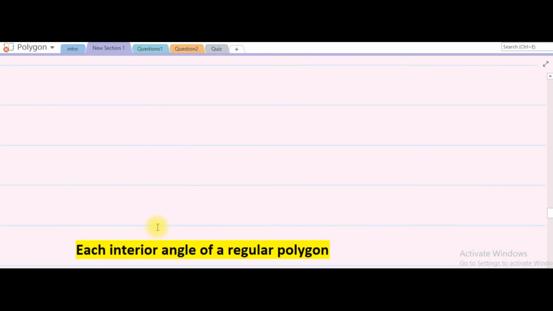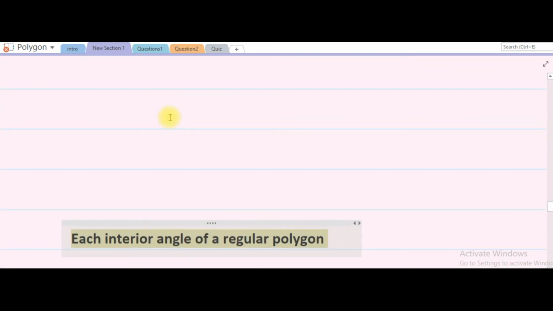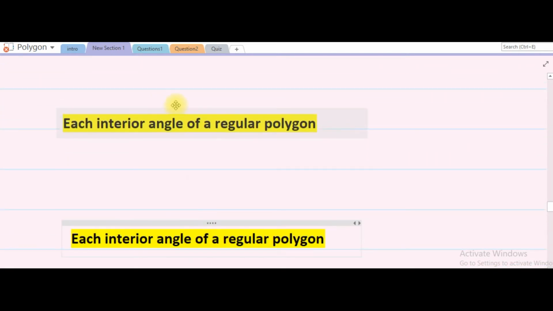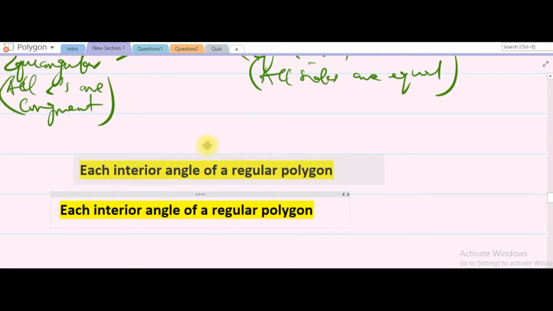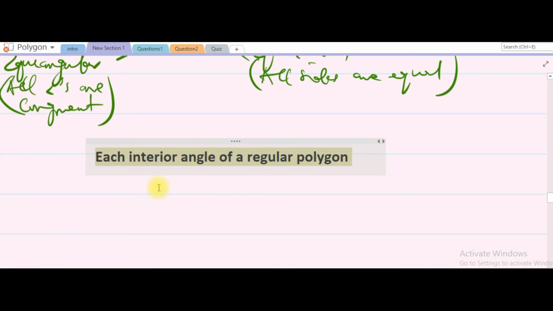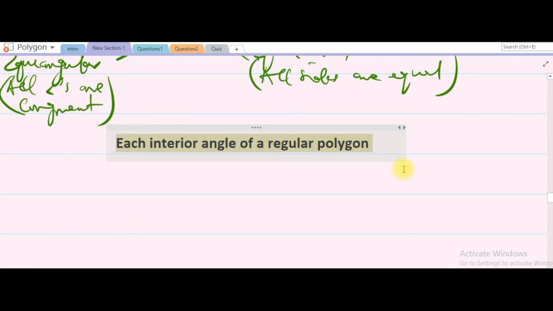The next one is each interior angle of a regular polygon. Since all the angles and sides are congruent, each of the interior angles has the same measure.